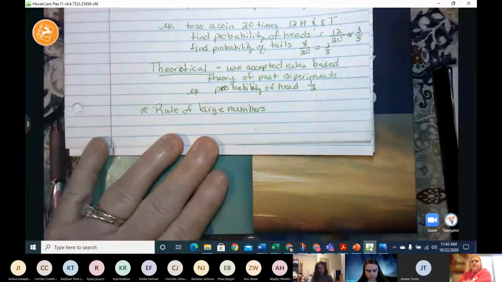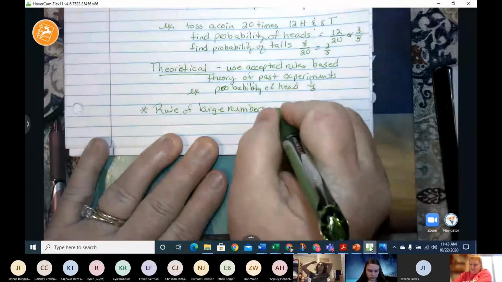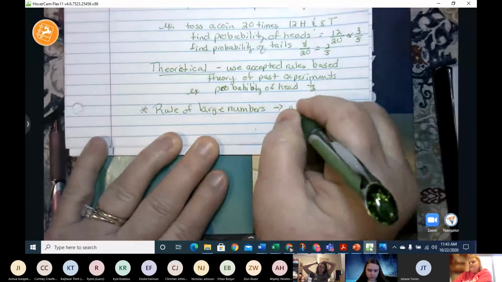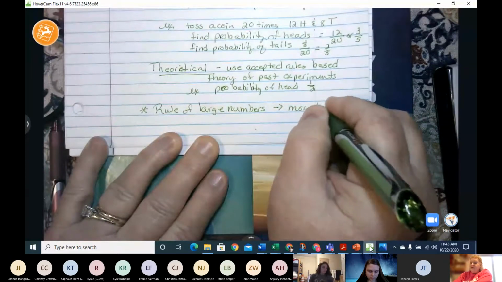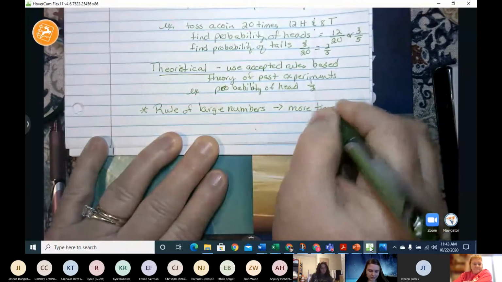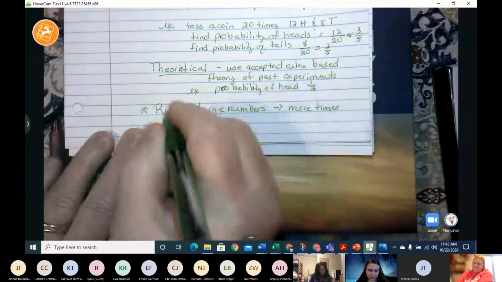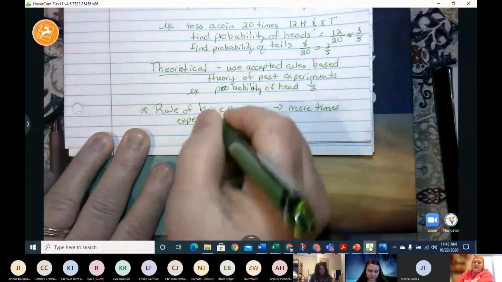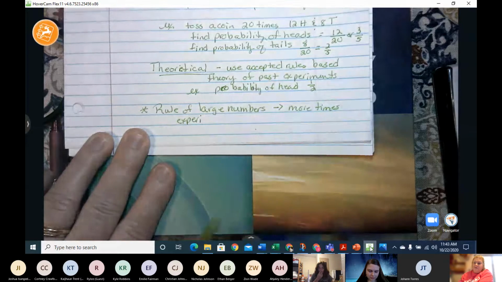If I continued tossing that coin many, many more times, hundreds of times, the more times that I toss the coin, the closer it would get to the theoretical amount.